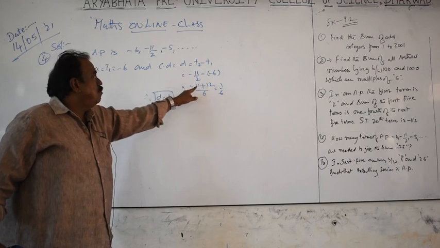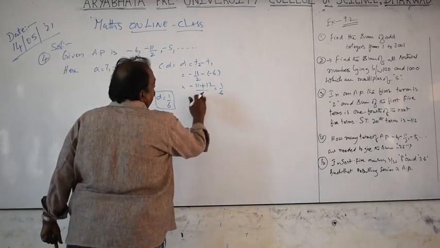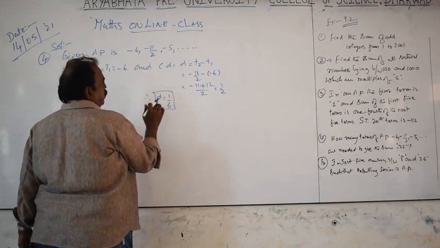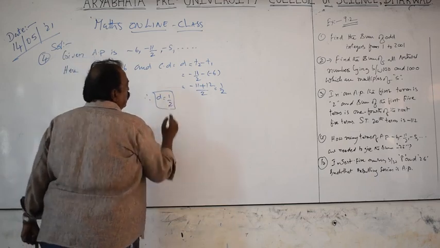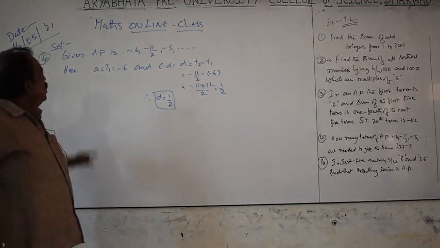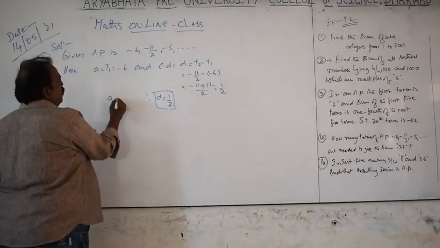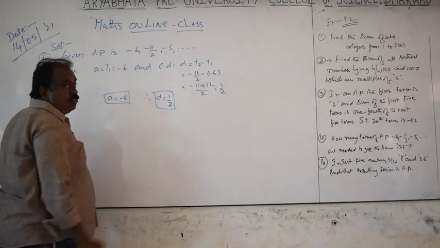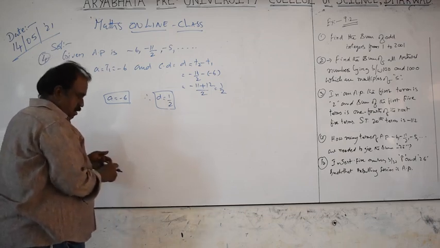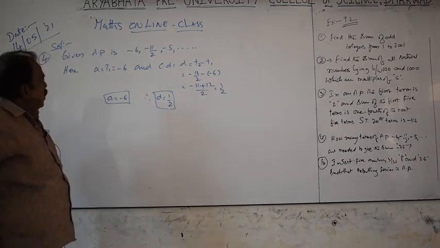Minus into minus is plus, 12 minus 11 is 1. So the common difference is 1 by 2. A, the first term, is minus 6, and D is equal to 1 by 2. This is needed for any problem related to the arithmetic progression, AP.